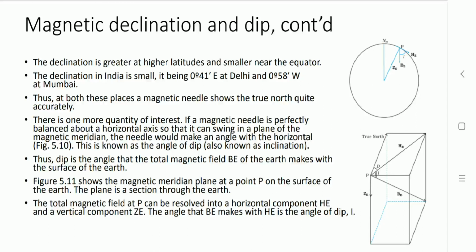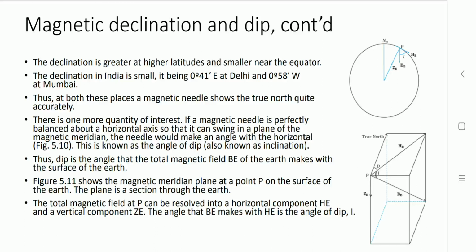In that case, the needle would make an angle with the horizontal, as shown in the first figure in circular form. This is known as the angle of dip or the inclination.